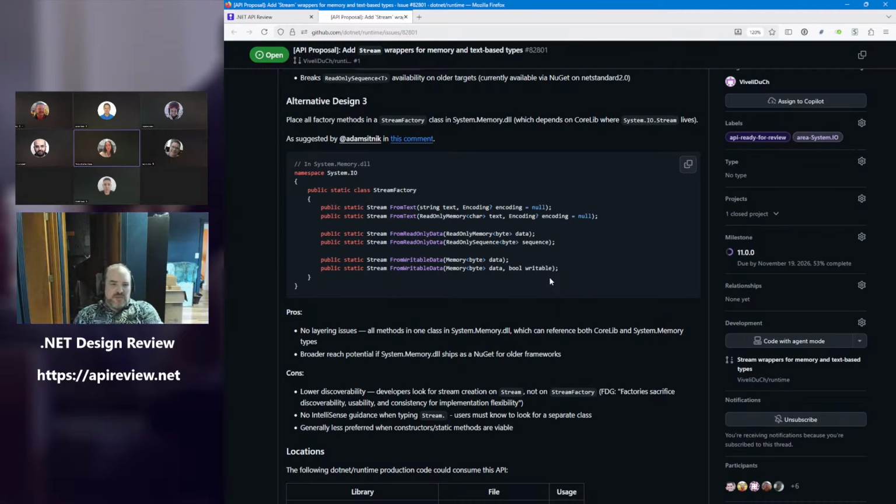I feel like MemoryStream, if you give it an array, it's readable and writable. Yeah, so I think that would be fine. And all the other proposals don't have the writable thing. So if the answer is that it is readable and writable, and it starts at position 0, and there's no option, that's fine. But maybe just make that a little more clear.